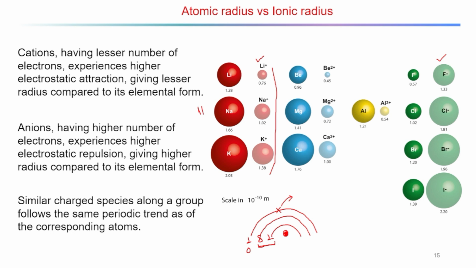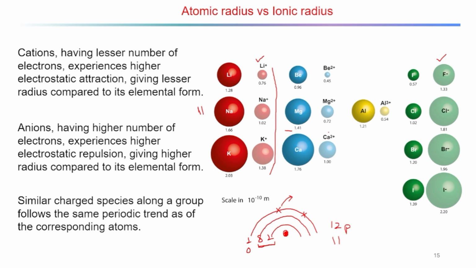Even if you take magnesium, there were 2 electrons in the outer shell, and if we remove one electron, that time we will have a total of 12 protons and 11 electrons in case of magnesium plus.